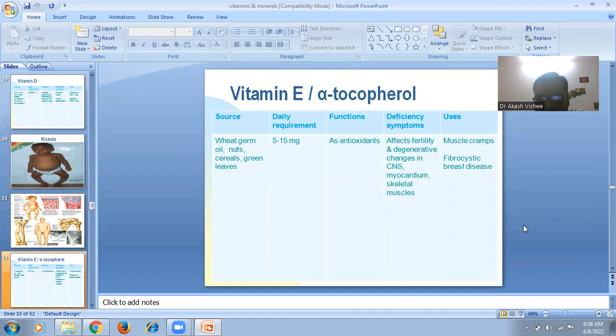Deficiency symptoms of alpha tocopherol: it affects fertility and causes degenerative changes in the central nervous system, the myocardium, and skeletal muscles also. The uses or indications of vitamin E are in muscle cramps, and it can be used in fibrocystic breast disease.